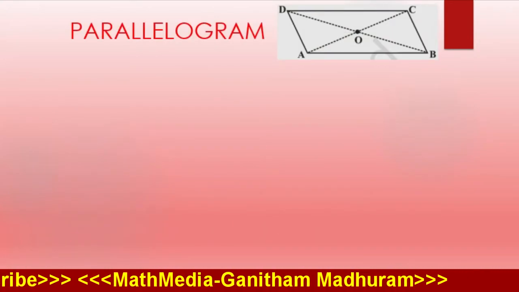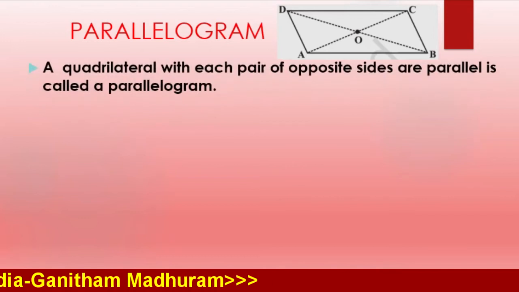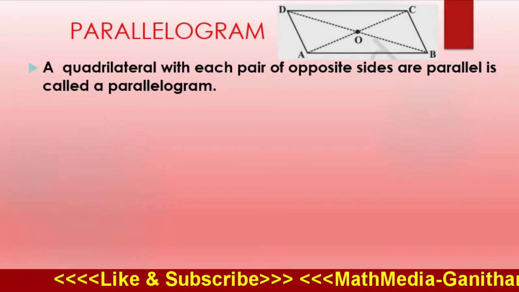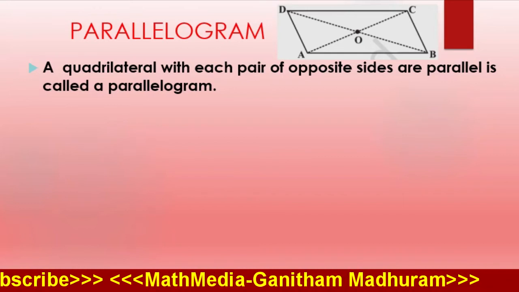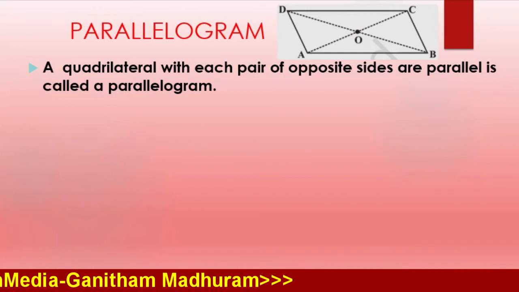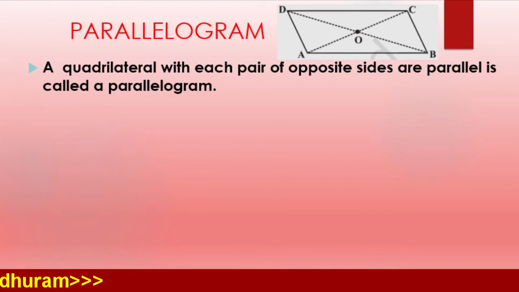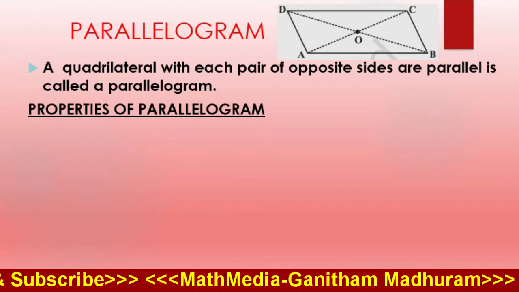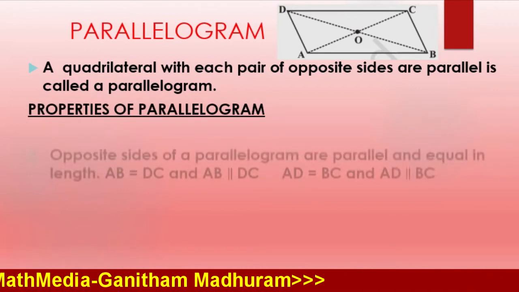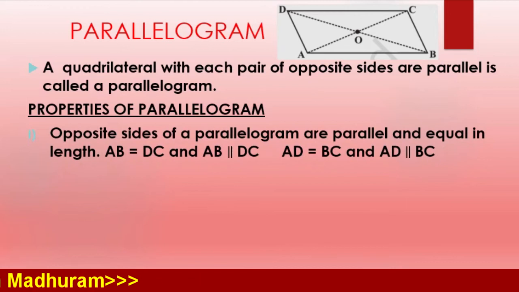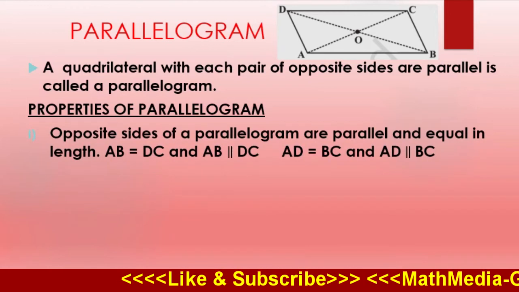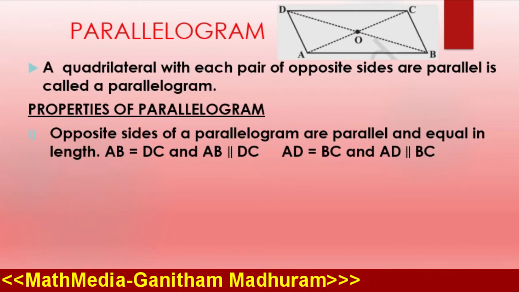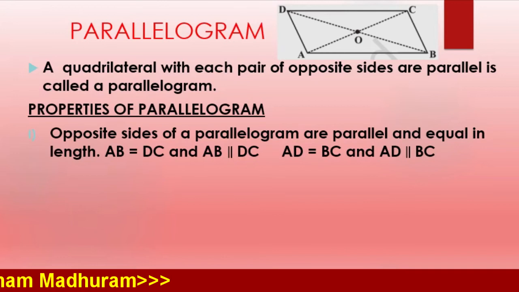Next is parallelogram. What is meant by parallelogram? A quadrilateral with each pair of opposite sides parallel is called a parallelogram. Now we can see the properties of a parallelogram. The first property we can get from the definition itself. Opposite sides of a parallelogram are parallel and equal in length.